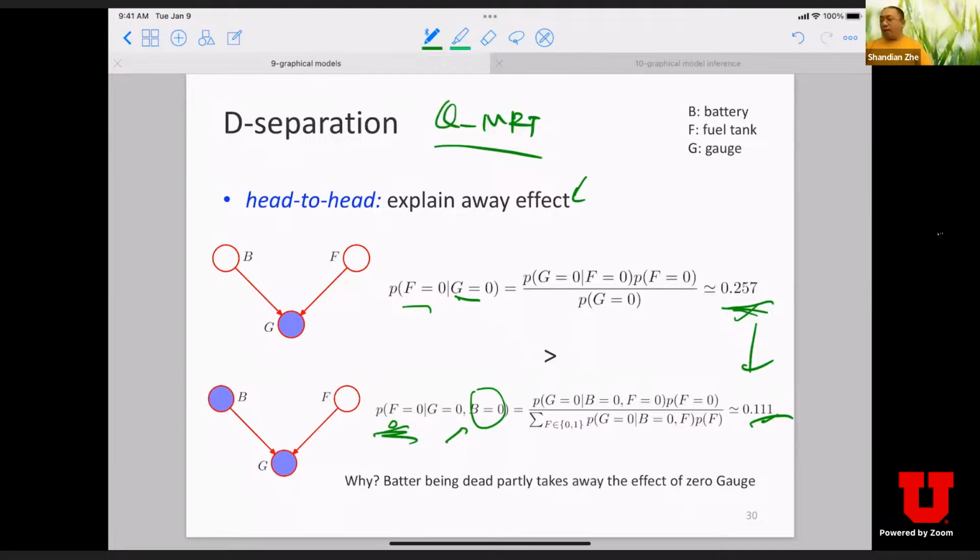And that kind of structure also exhibits this explaining away effect. For example, if you have a sniffle, maybe the probability that you are infected by a cold is small.